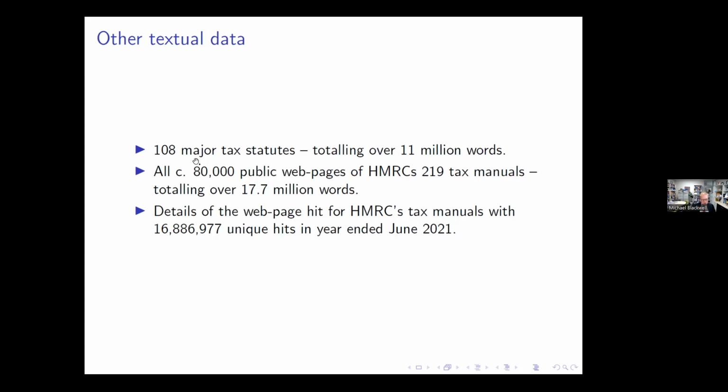And so, as I say, there are over 16 million unique hits of the manual in the year. And those are all from people who accept HMRC's cookies. So there will also be additional hits of the manuals, but unfortunately, I don't have those because HMRC doesn't record them if you don't accept their cookies.